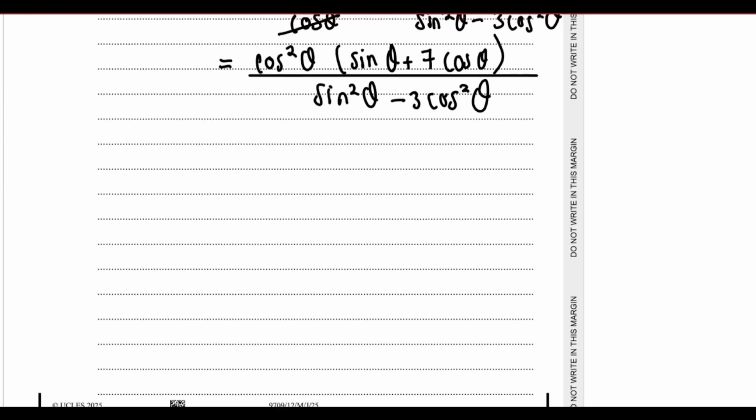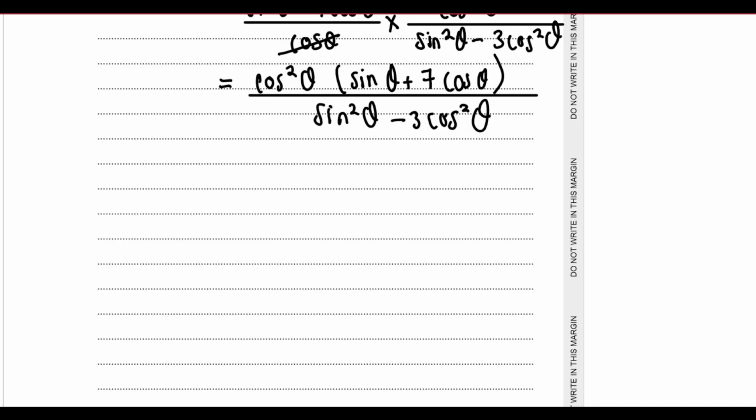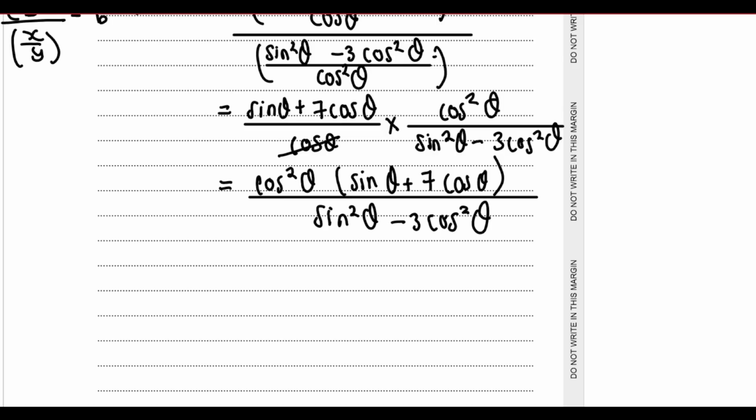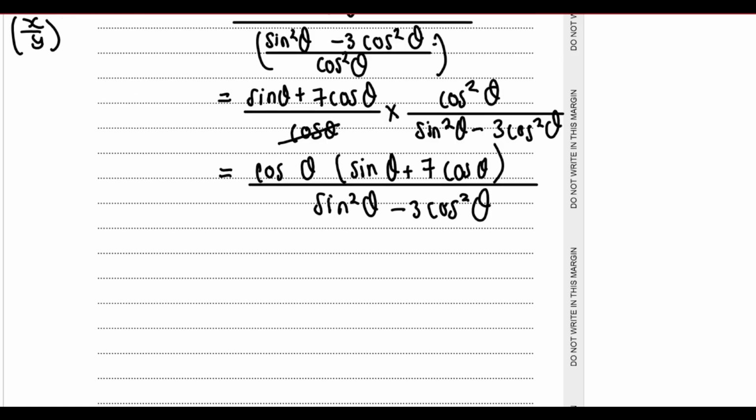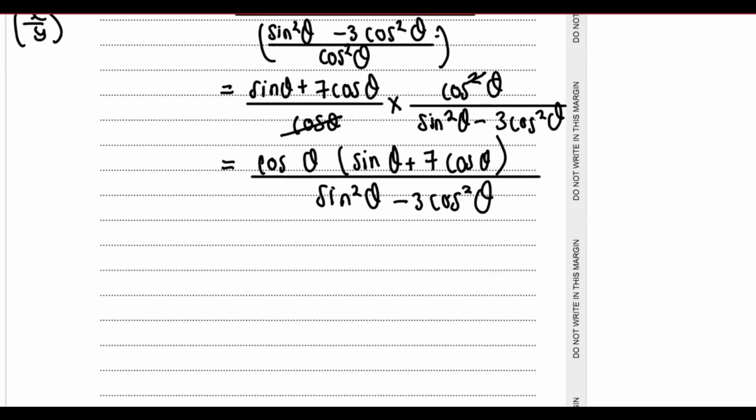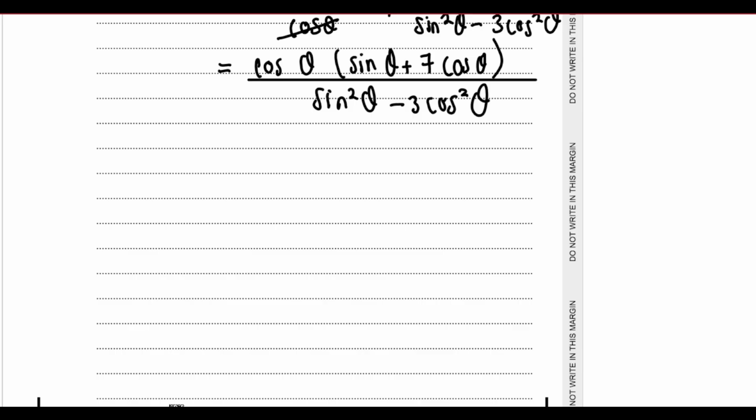Oh no, that's not a cos squared because I cancelled one. Let me just write that over so that this becomes cos. Now multiply that cos in: sin cos plus 7 cos.